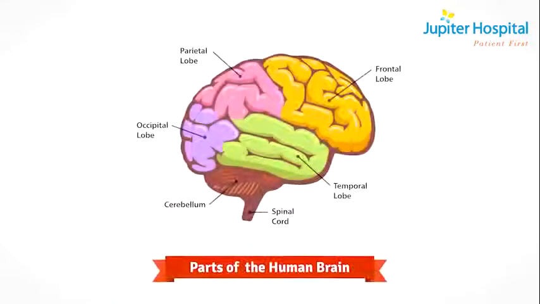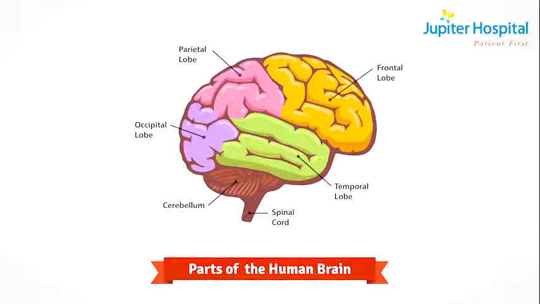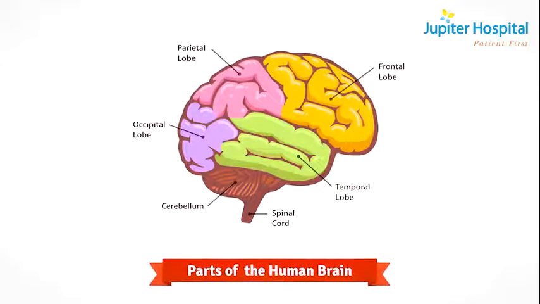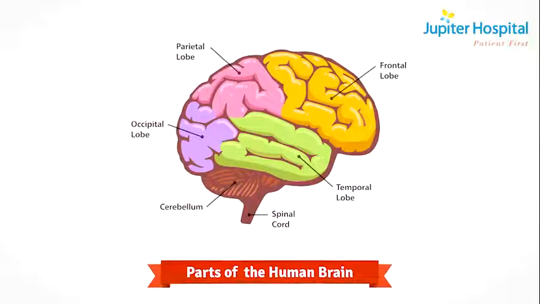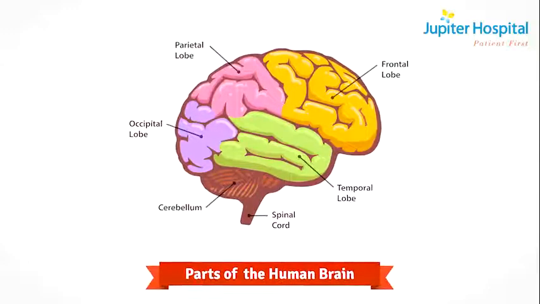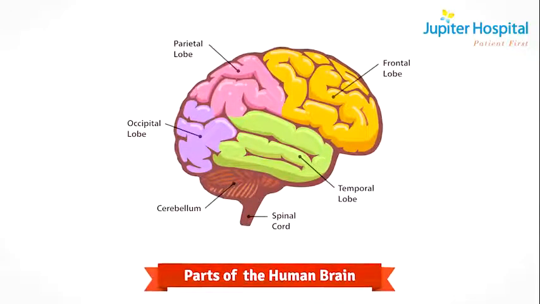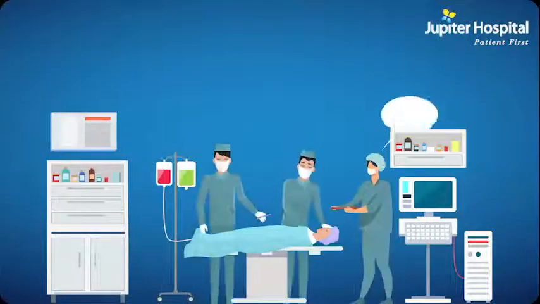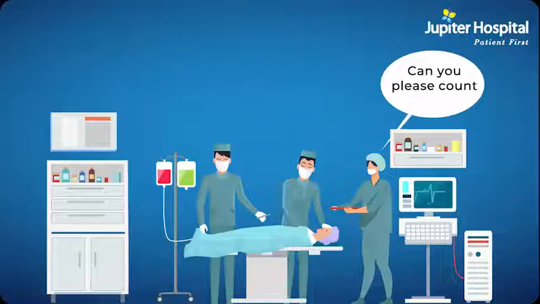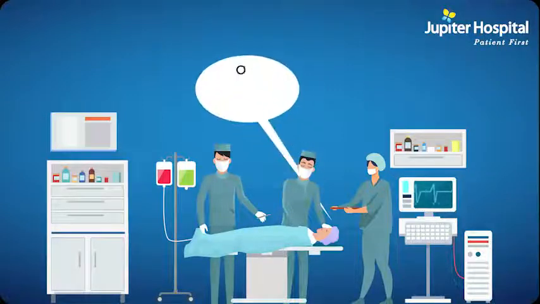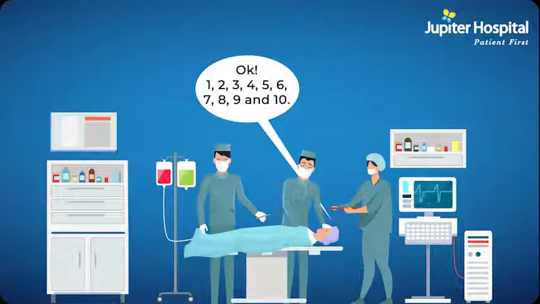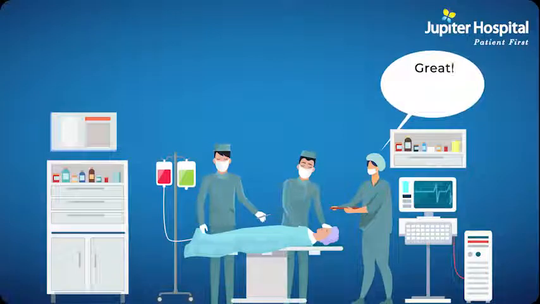After opening the skull, the various areas of the brain which are exposed are mapped using bipolar stimulation, that is by giving small currents using an instrument and asking the patient to actually perform some tasks like counting numbers or identifying objects or making calculations, and then these areas are identified.